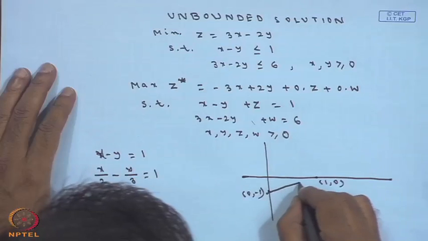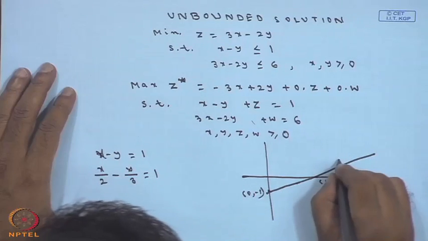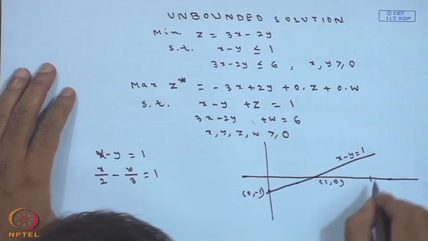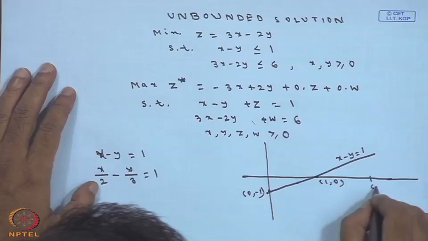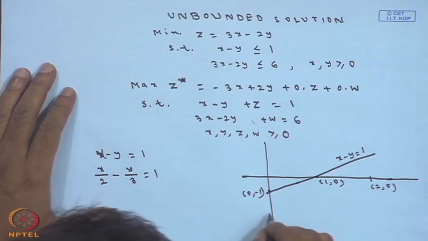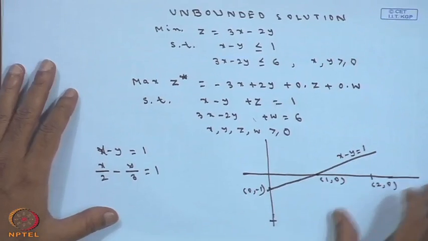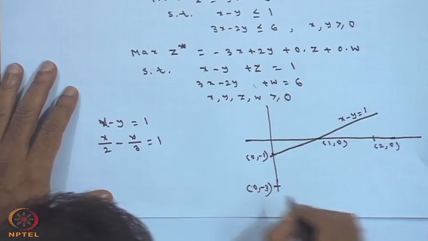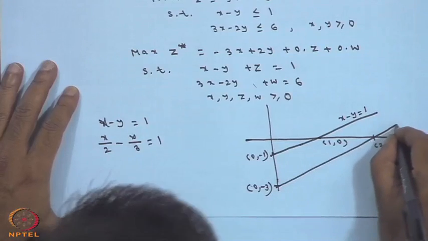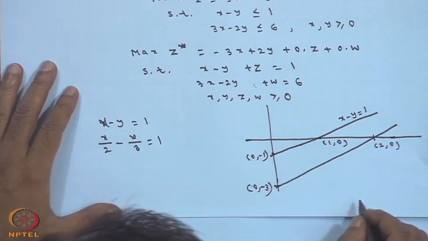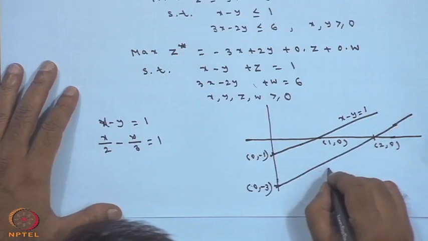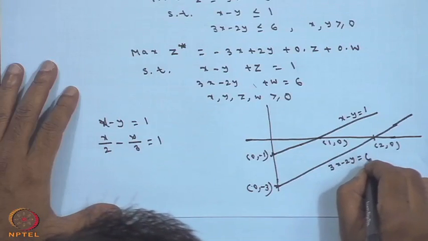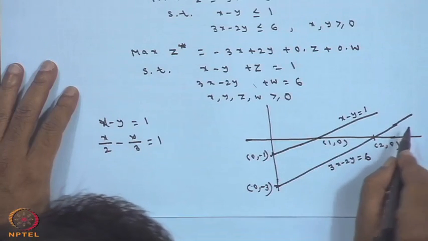One line is something like this, this is your x minus y equals 1. There will be another one, x by 2 minus y by 3 equals 1. So, this is 2, 0, and somewhere here you will have 0, minus 3. If you draw, then this is the line, going something like this. This equation is 3x minus 2y equals 6. So, what is the feasible region in this case?